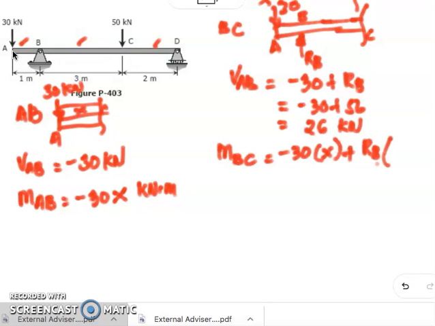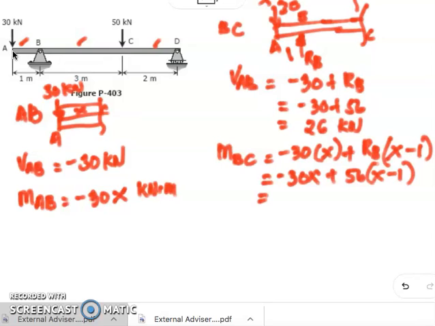So this is 1. So this will be x minus 1, that is the moment arm distance. So if we simplify this, we will have negative 30x, then plus 56 times x minus 1. So further simplification, negative 30x, then minus 56 plus 56x, then minus 56.